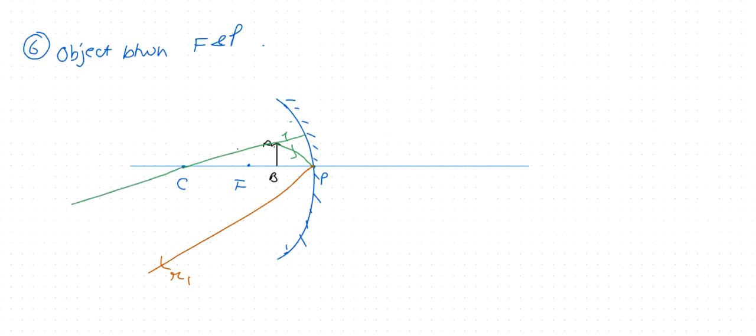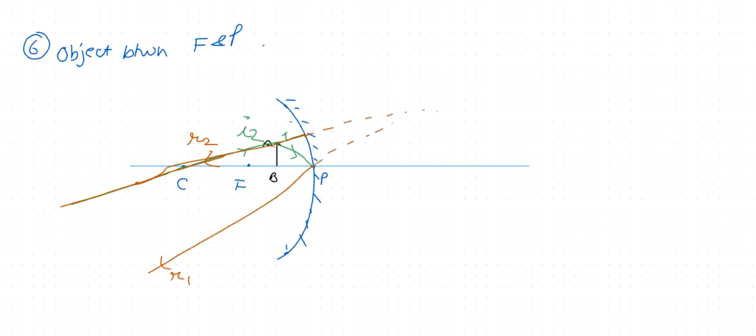And what happens when the ray goes through center of curvature incident ray? It gets reflected back on the same path. Okay, so this becomes my R2. Now R1 and R2 are not intersecting here. They will go beyond the mirror. Okay, so let me extend it like this, and let me extend it like this.